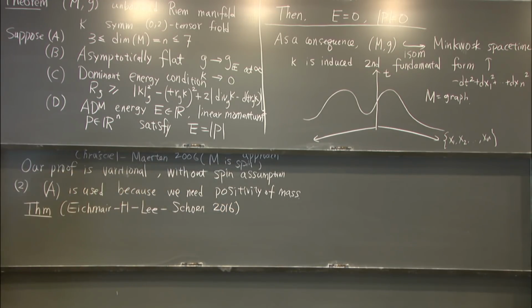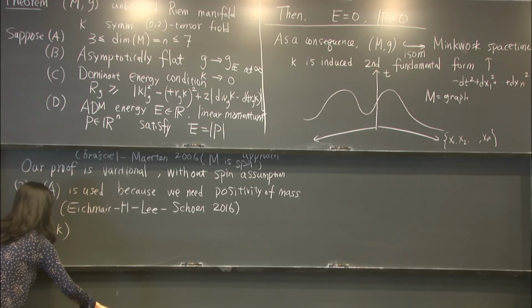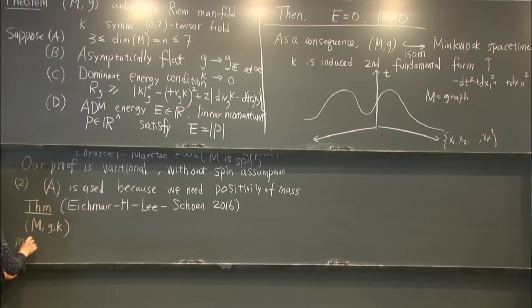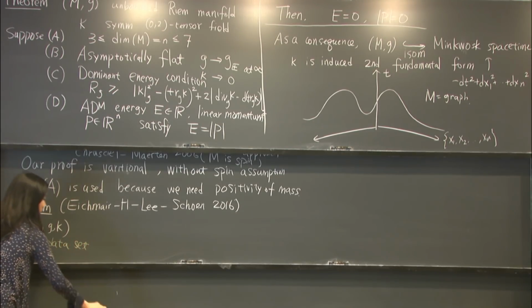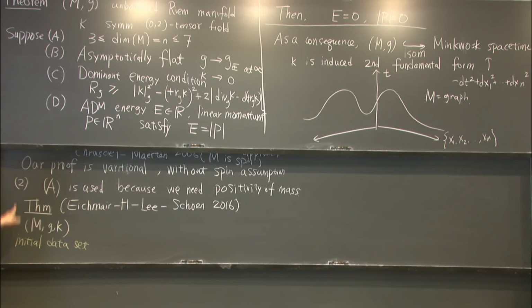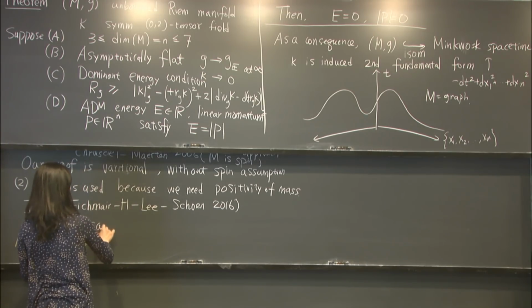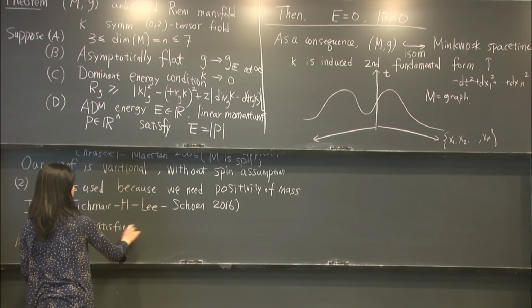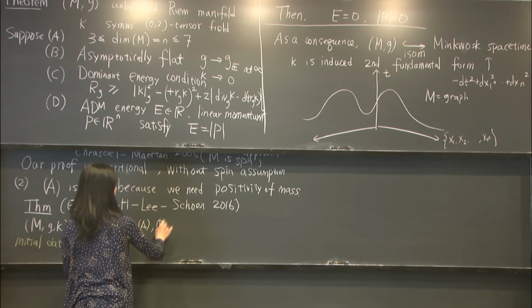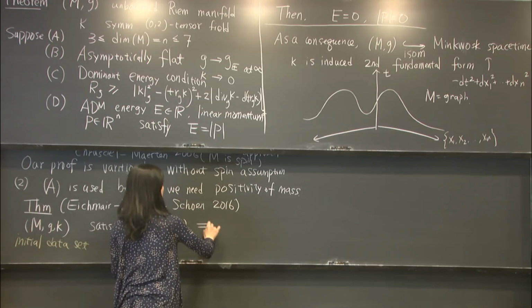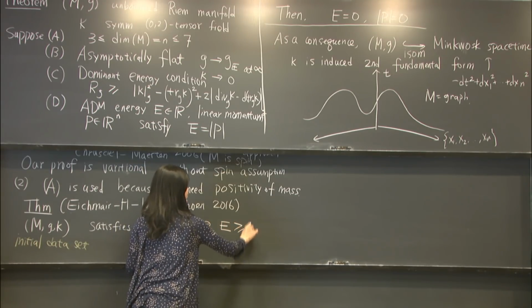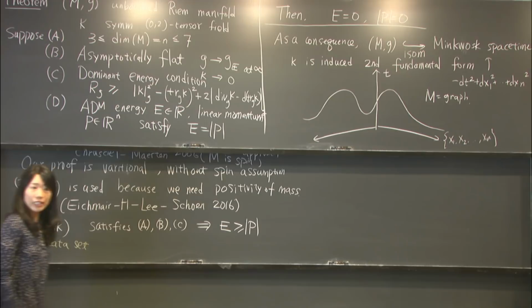Which says, for N, G, and K, which I will usually refer to as an initial data set, just a terminology, if an initial data set satisfies the first three assumptions, A, B, and C, then we can conclude the energy has a lower bound in terms of the linear momentum.